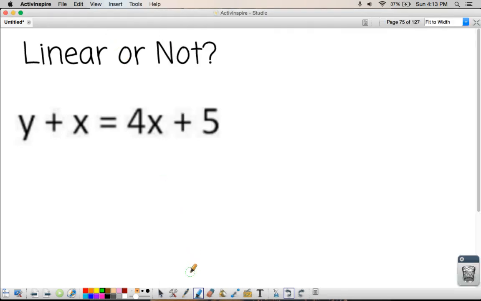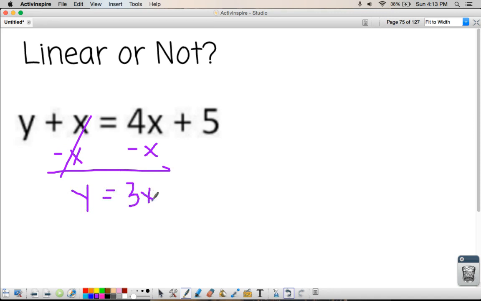And another way we could look at this is like solving equations. So if I subtracted x from both sides, those cancel out, then I get y equals 3x plus 5.